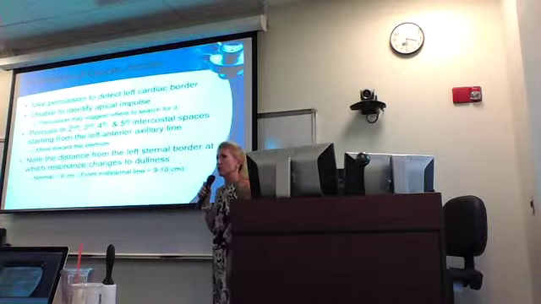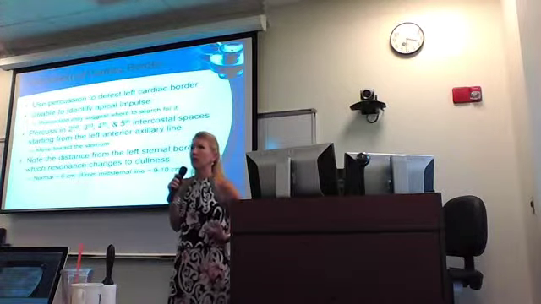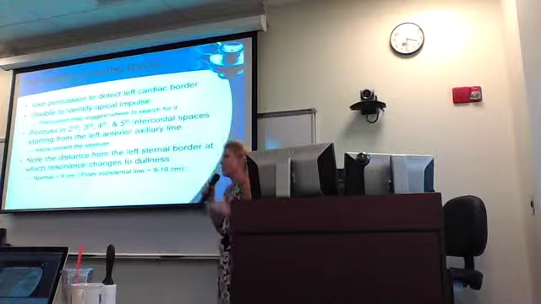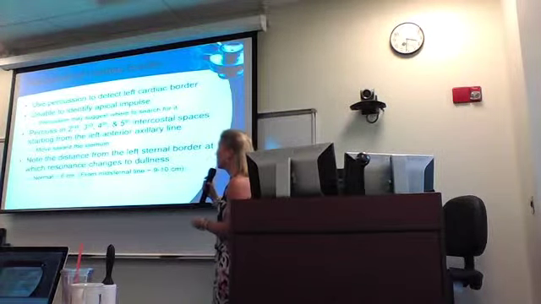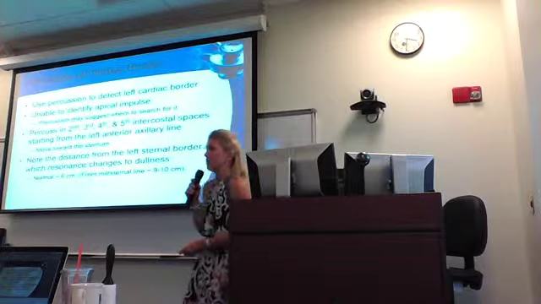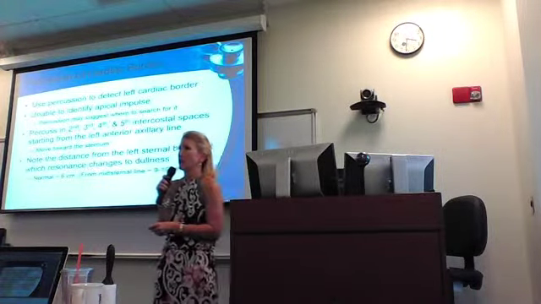Another way is to start in the left anterior axillary line and move medially, appreciating that change from resonance to dullness, and you want to move toward the sternum. From the mid-sternal line, you should be about 9 to 10 centimeters, okay? When we're talking about the left sternal border, it should be changing at about 6.